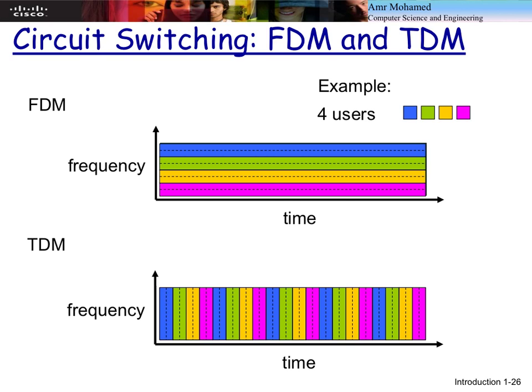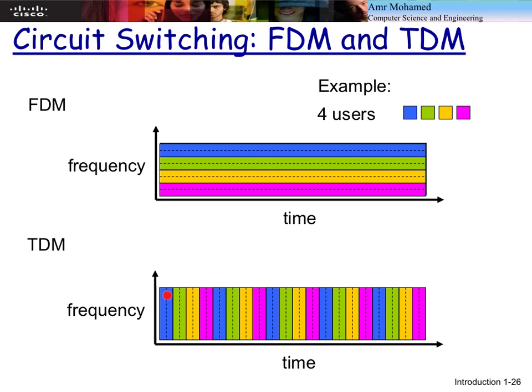Of course, if you want to accommodate more users, you have to divide the bandwidth into smaller frequencies. Or you can divide that same bandwidth into time durations. So you divide it into 4 time slots.